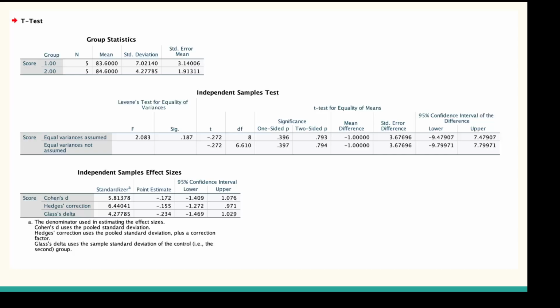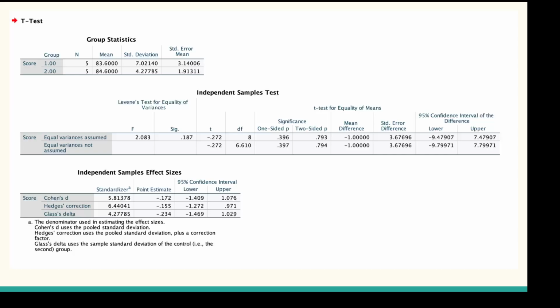For our effect sizes, all measures, Cohen's d, Hedges' correction, and Glass's delta, indicate small effects, reinforcing the finding that differences between the groups are minimal.